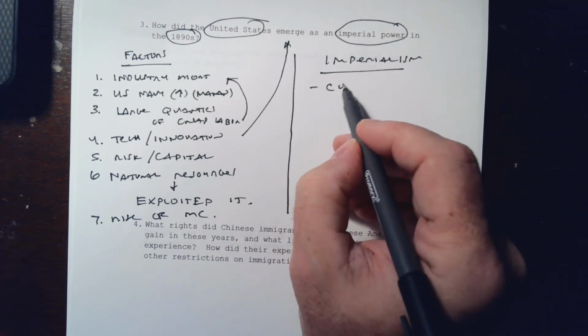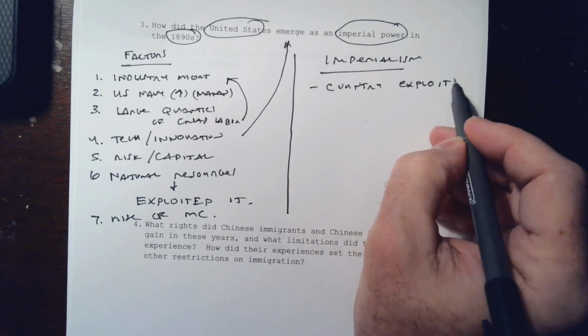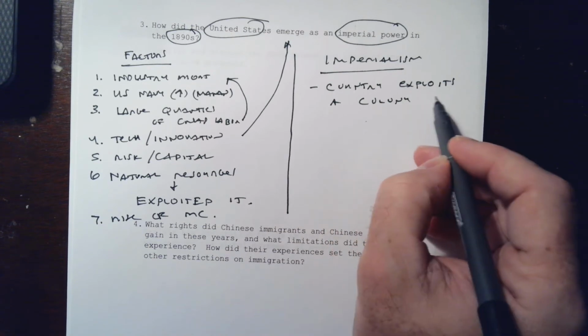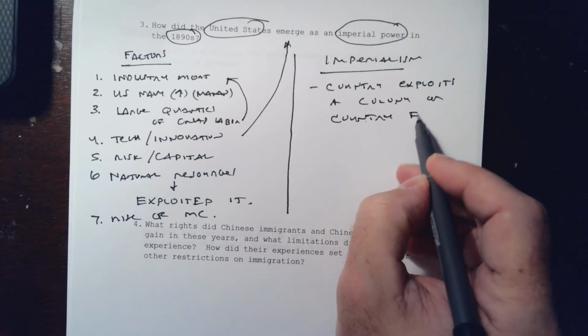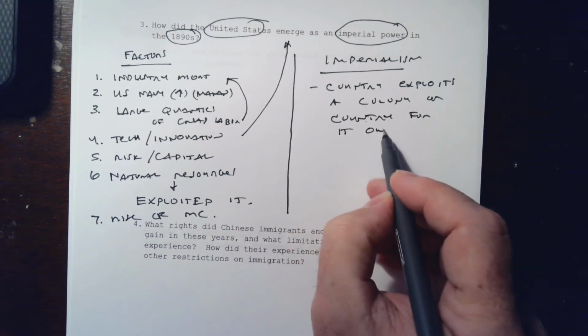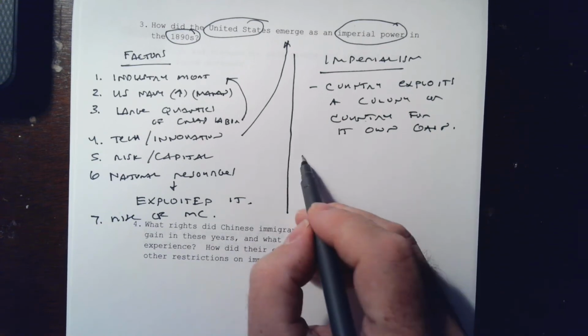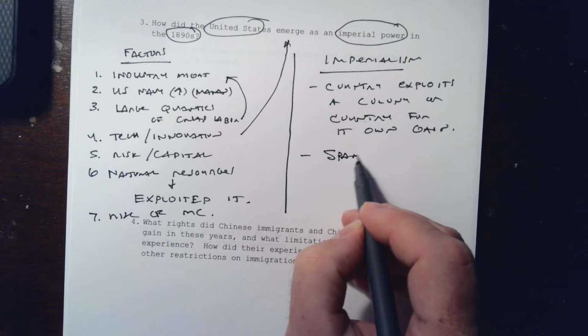And that is where a country exploits a colony or country for its own gain. All right, and that's key. And that is all going to lend itself to the Spanish American War.